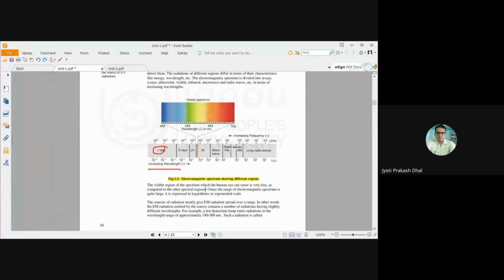H is a constant, c is the velocity of light, that is also constant, divided by lambda. So that means between the different electromagnetic radiations mentioned in this electromagnetic spectrum, the gamma ray is most powerful. That means most energetic. The most energetic is gamma ray. After that, X-ray, then ultraviolet, then visible, then infrared, then microwave, then radio waves.